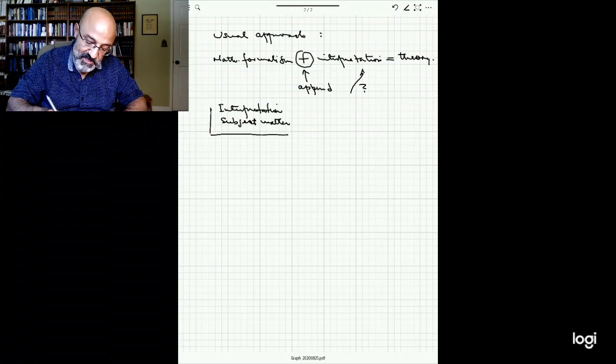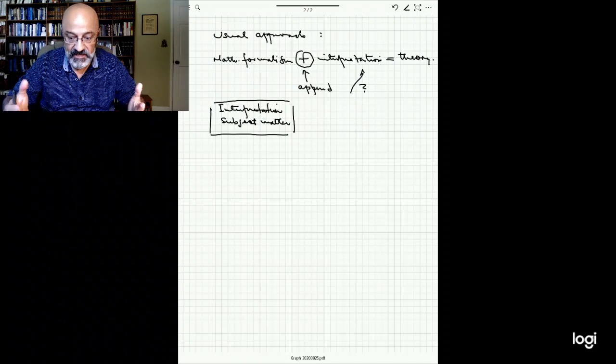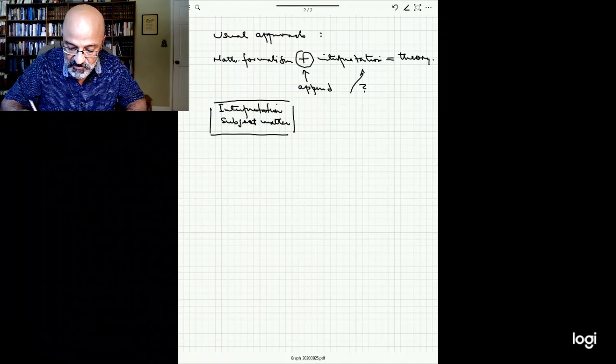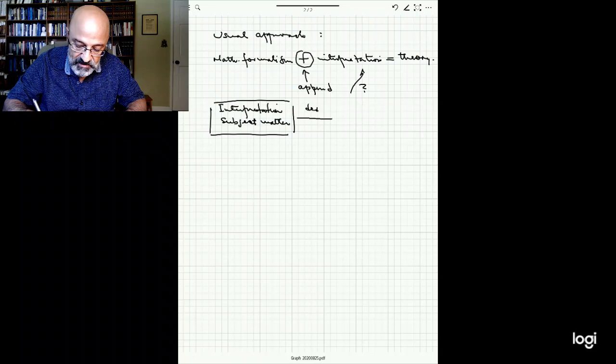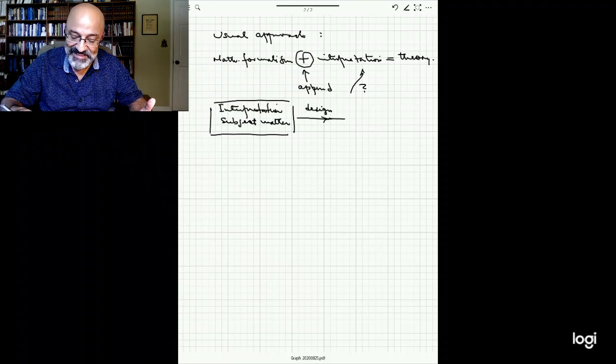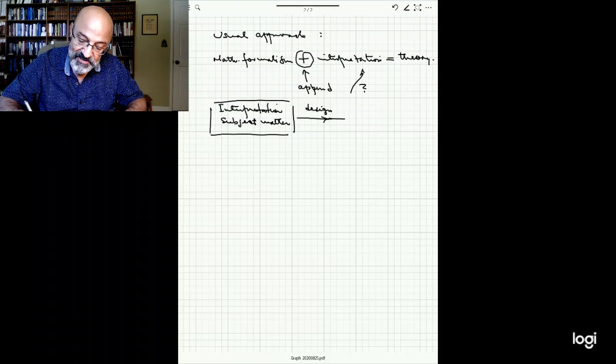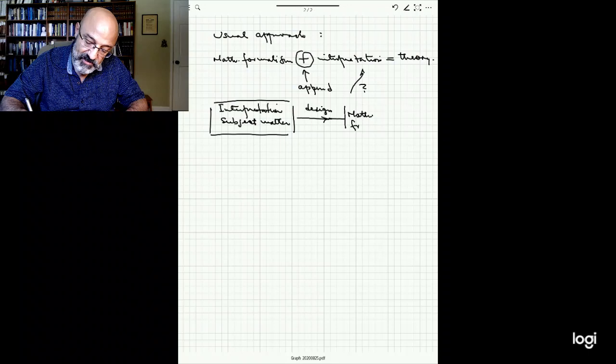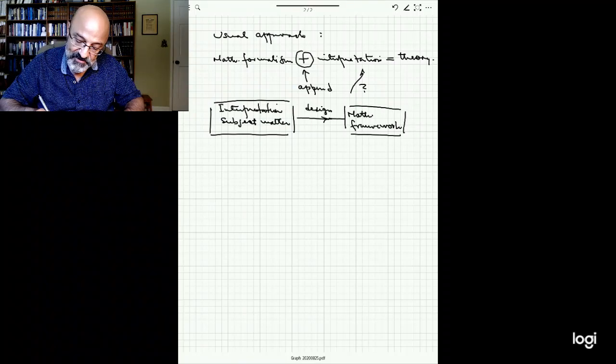And to this, we do not append anything, we just proceed to design tools. We design a framework so as to be able to derive the mathematics. So we derive the mathematical framework. And this is what our theory is going to be.